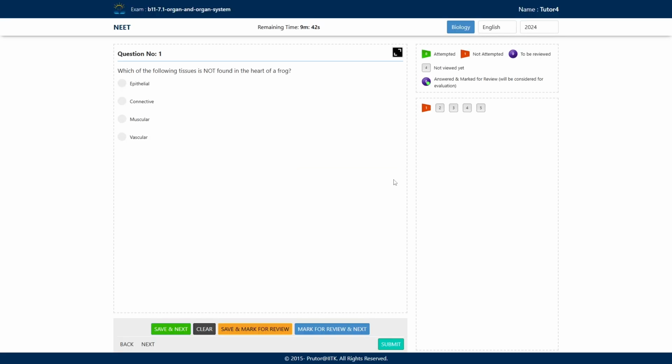So here is the first question. Which of the following tissues is not found in the heart of a frog? Options are as follows: A. Epithelial, B. Connective tissue, C. Muscular tissue, and D. Vascular tissue.